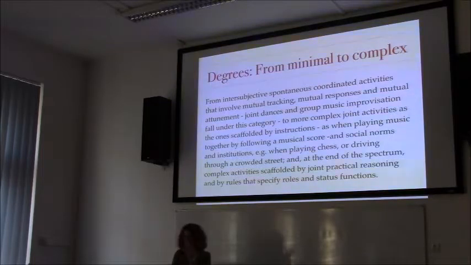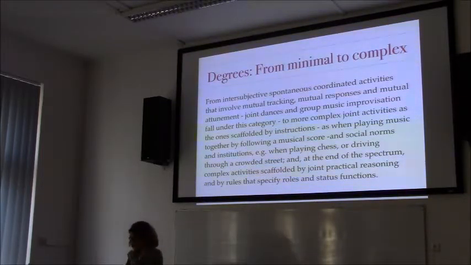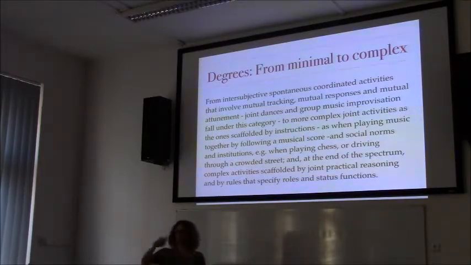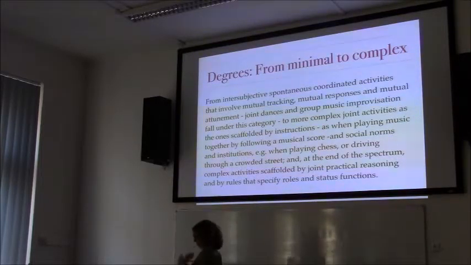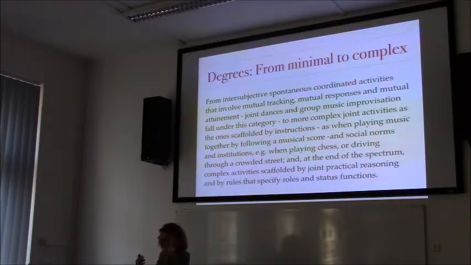And at the end of the spectrum, and this is important to emphasize, we have the more complex activities, not the norms case, but the cases in which you engage in practical reasoning about what to do, and where there are rules that already specify those roles.